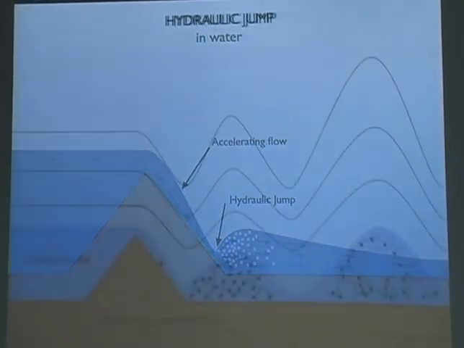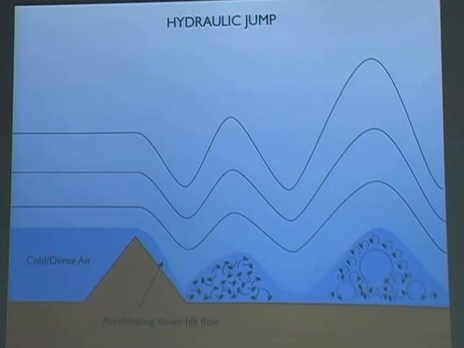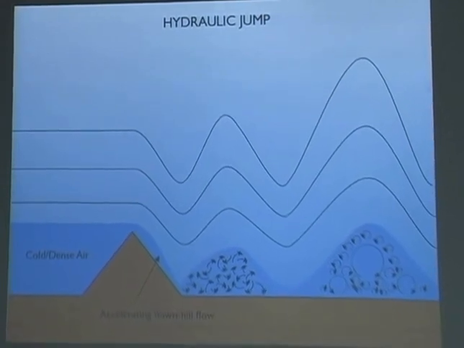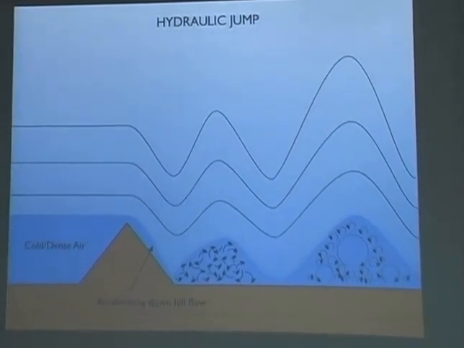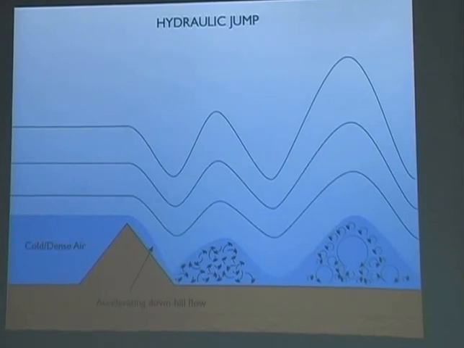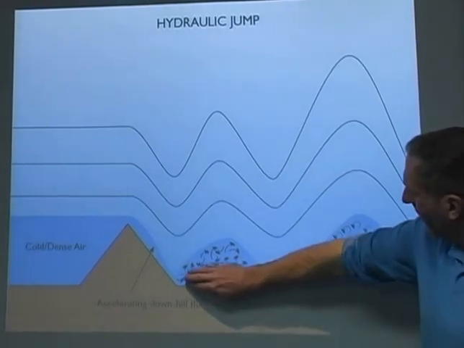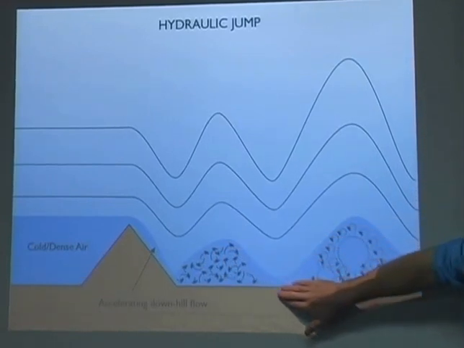In the next one, this is what it looks like in air. So you have cold, dense air. This could be the cold air over the lake, or just the cold air that's formed in a valley overnight. It starts flowing over the mountain, and then you get this hydraulic jump. So the flow through this will be pretty much straight through it.